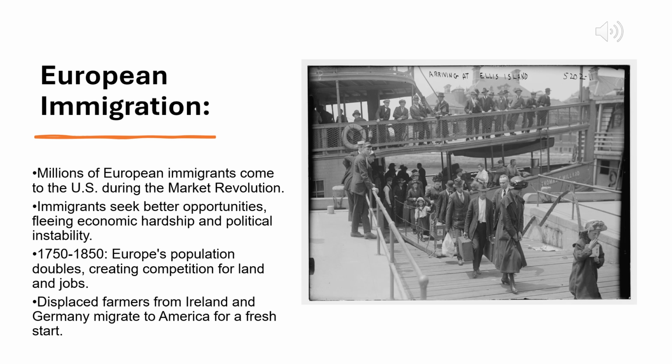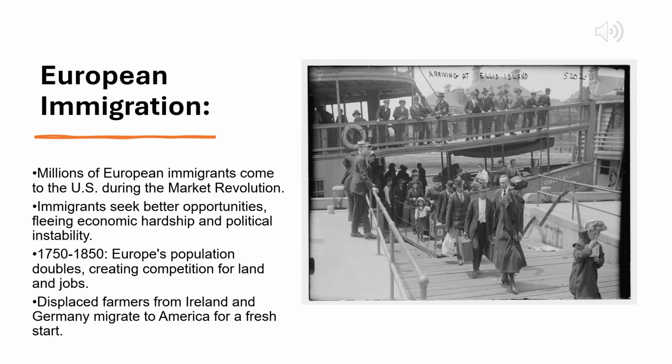Improvements in farming and sanitation reduced epidemics and famines, leading to a population boom across the continent. Between 1750 and 1850, Europe's population doubled, creating increased competition for land, jobs, and resources. At the same time, changes in agricultural practices displaced many tenant farmers.